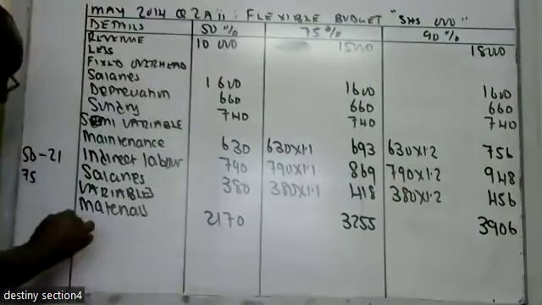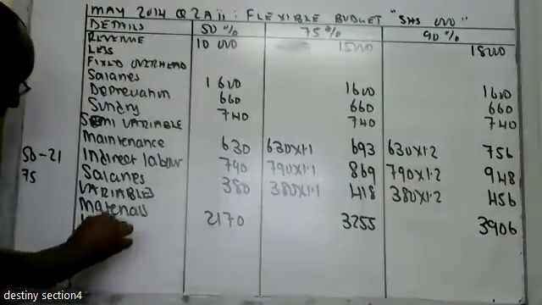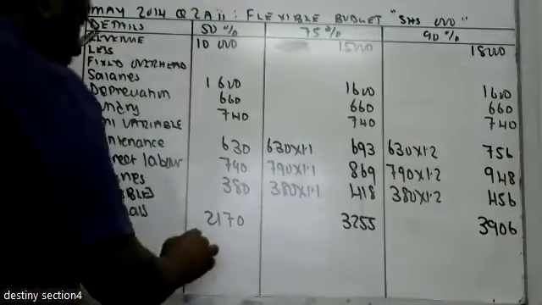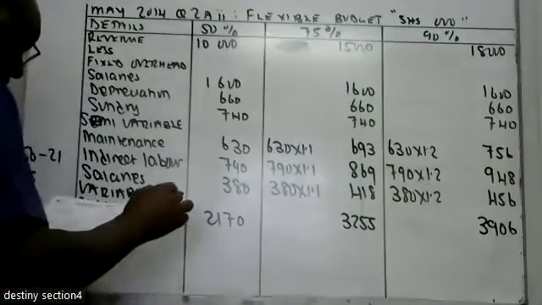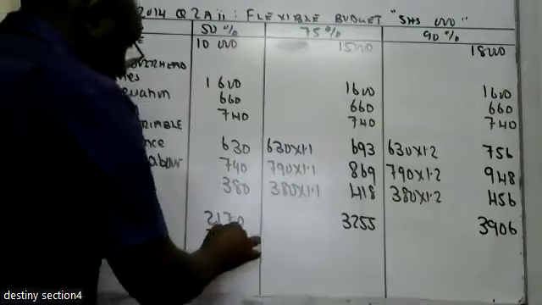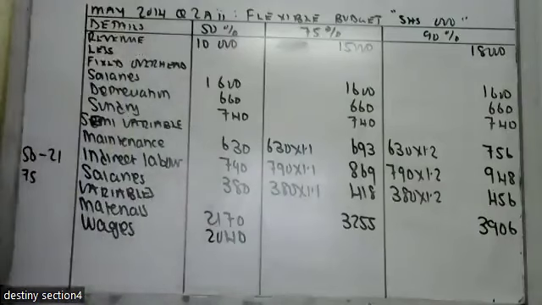Huyo mwingine anaitwa wages. Wages is 2040. So make it 75%.